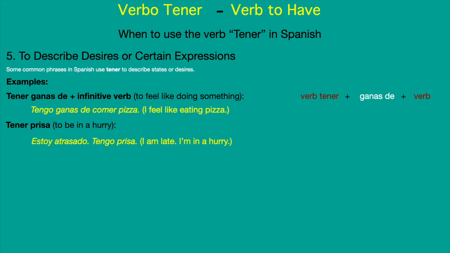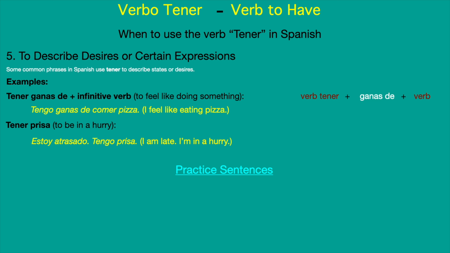Here is how you build it: the verb tener plus ganas de plus the verb in the infinitive, of course. For example, tengo que trabajar, I have to work. Well, you won't say tengo ganas de trabajar, I have the desire to work. So, tener ganas to do something.